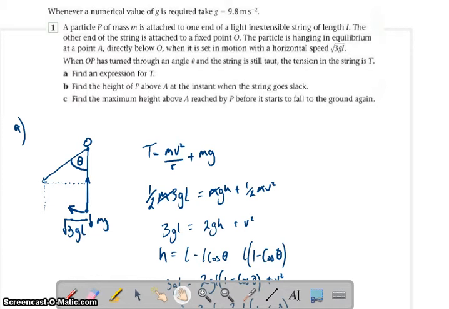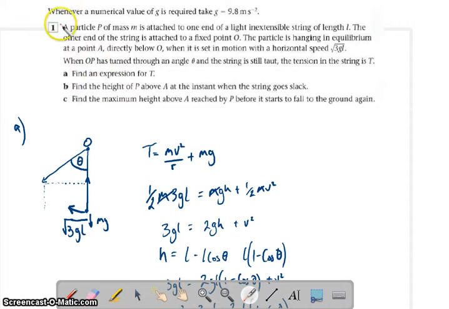So in this situation we've got a particle moving in a circle, rotating around, but there's a chance that the particle will not reach the top of its circle, where it may not have enough speed for the string to stay taut, to stay under tension.